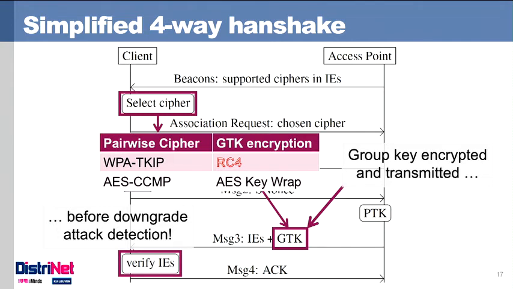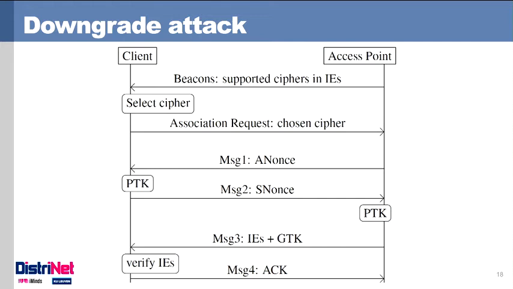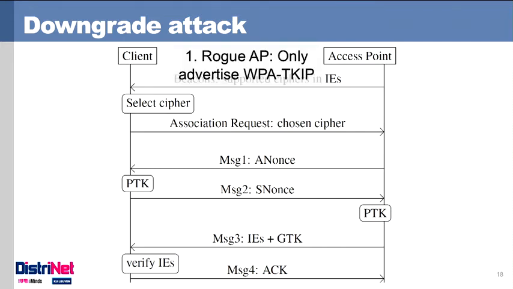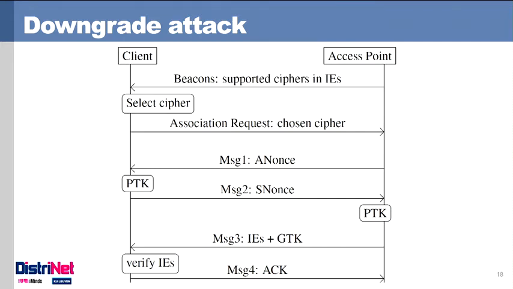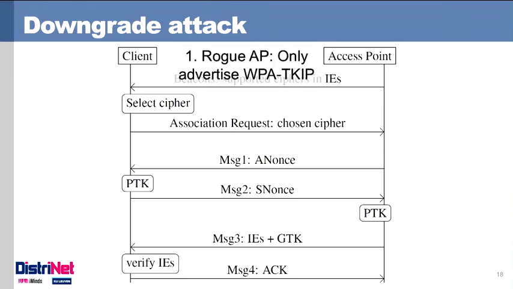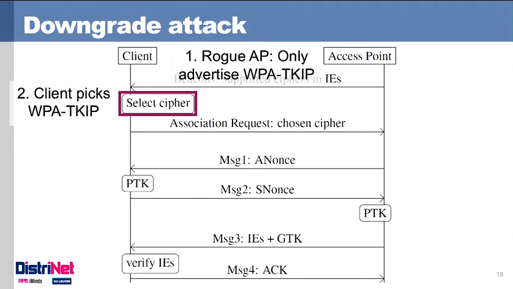So how can we mount an attack against this? Well, essentially, we will put up a rogue access point where instead of listing all the supported ciphers of this access point, we will pretend that this access point only supports WPA2. The client is then forced to use this cipher suite. So it will say to the access point, okay, I want to connect to you using WPA2.